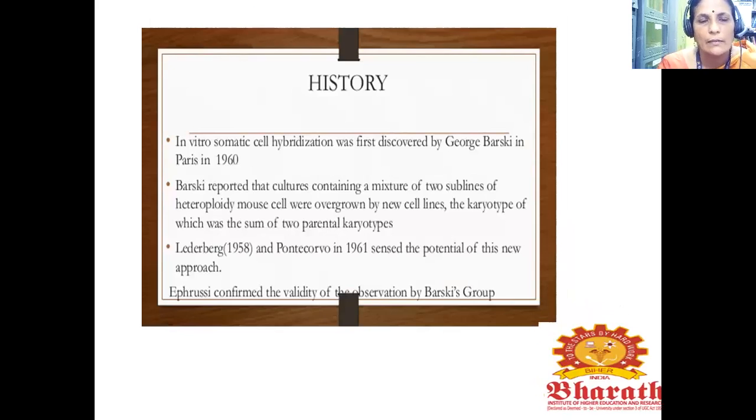Next we see the history. In vitro somatic cell hybridization was first discovered by Georges Barski in Paris in 1960. Barski reported that cultures containing a mixture of two sublines of heteroploid mouse cells were overgrown by new cell lines, the karyotype of which was the sum of the two parental karyotypes.